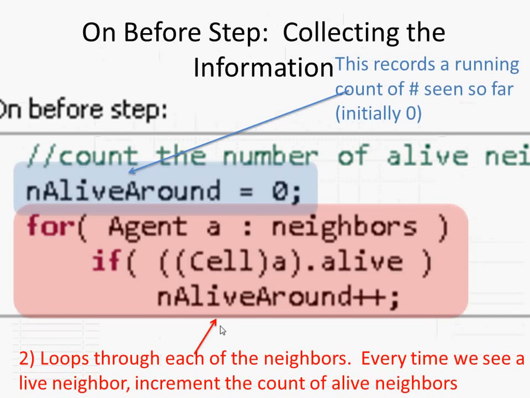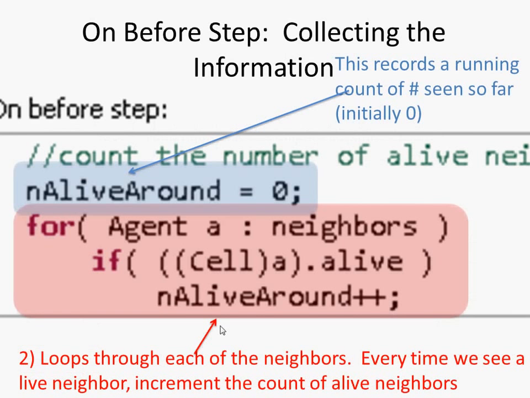So this is just a temporary variable we're going to use to accumulate this information and remember it until we update ourselves. So we've got to count up the number around us. So we start with 0. Then we say, 1, 2, 3, 4. So we start with 0, and for each of our neighbors, where have we seen neighbors before? Yeah, it's also a variable.